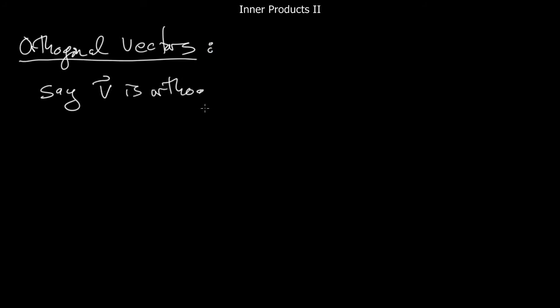There's another item I want to cover now, which is the notion of orthogonal vectors. So what does it mean to say vector v is orthogonal to a vector w? Well, you have to tell me what inner product you're talking about.